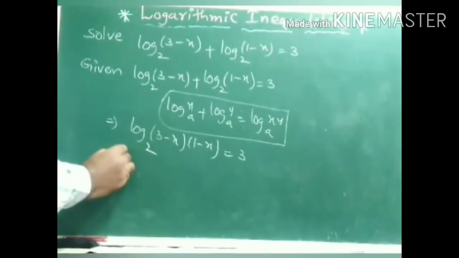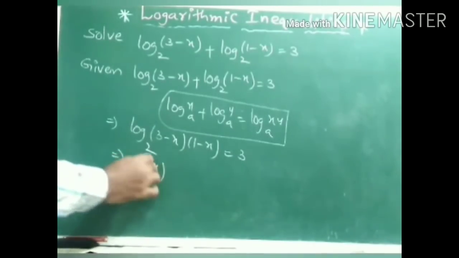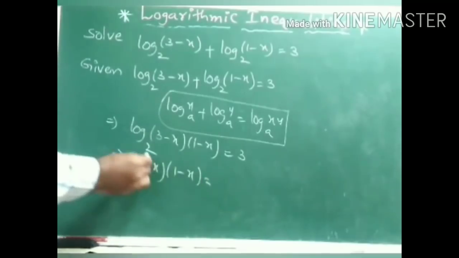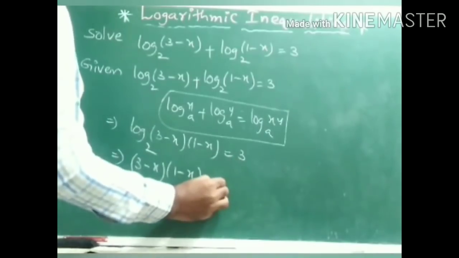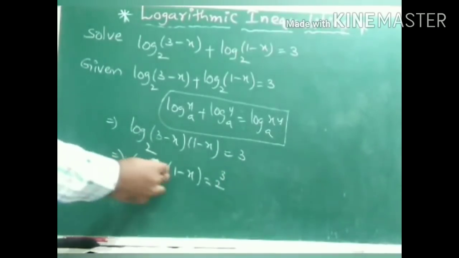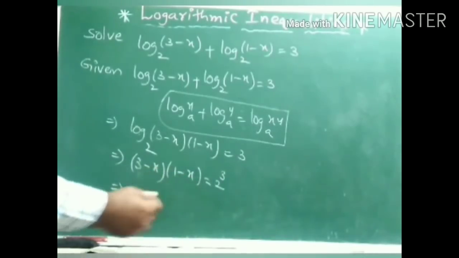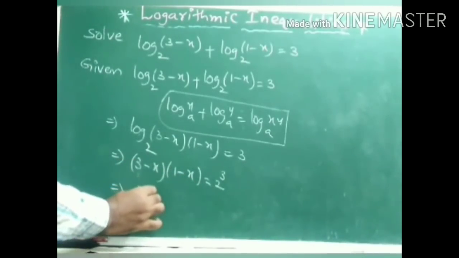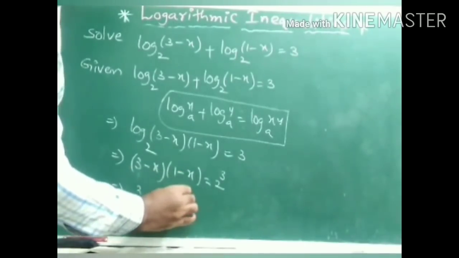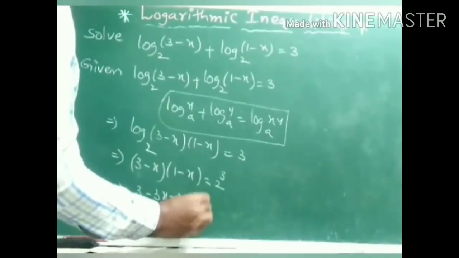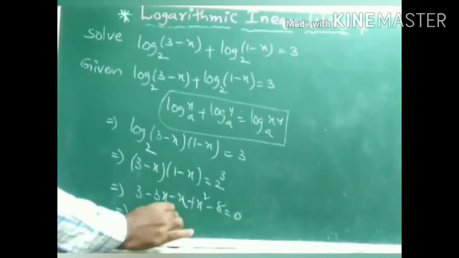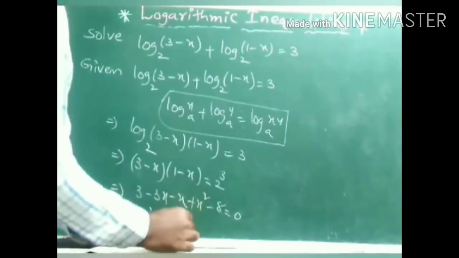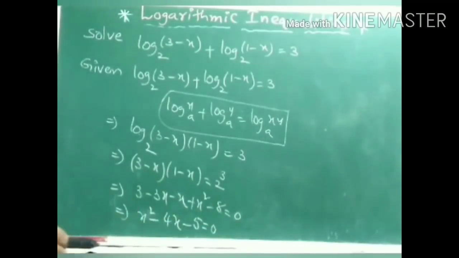Now the next step: (3 minus x) into (1 minus x) is equal to 2 to the power of 3, which is 8. Just multiply 3 minus x into 1 minus x. With 3, if you multiply, 3 minus 3x, with minus x, plus x squared, and minus 8 is equal to 0. So finally x squared minus 4x minus 5 is equal to 0, a quadratic equation.